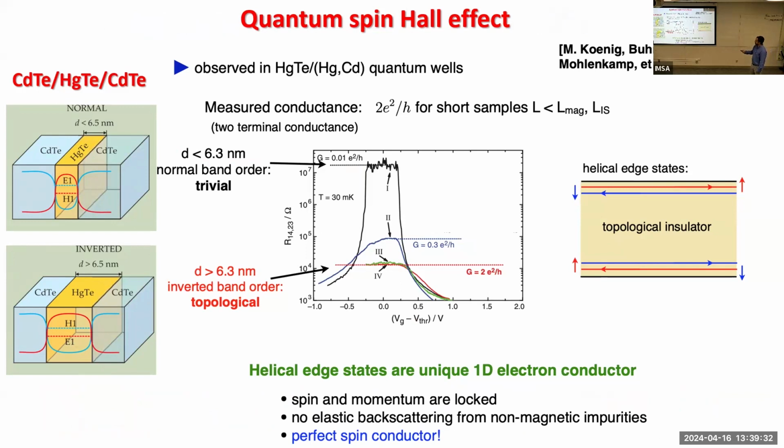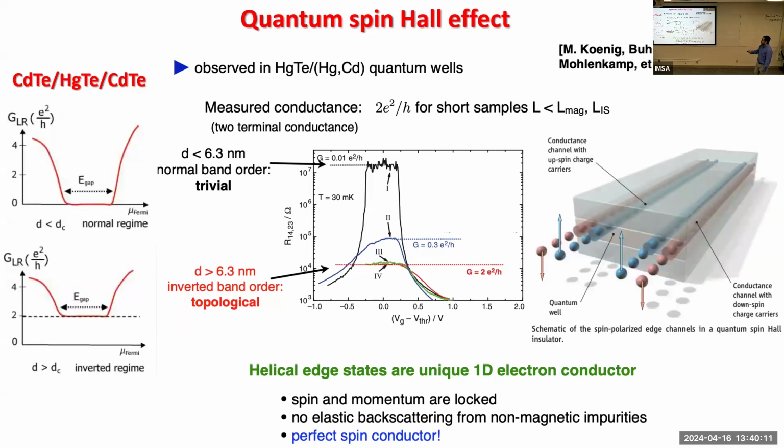We saw that in the experiment there is a regime where we have band inversion in this kind of material, and for thickness larger than 6.3 nanometers, we can see the quantized conductance, which means the quantum spin Hall effect, the first measurement of this quantum effect. And for less than this thickness, we have a trivial insulator, or we see this spin Hall conductance.